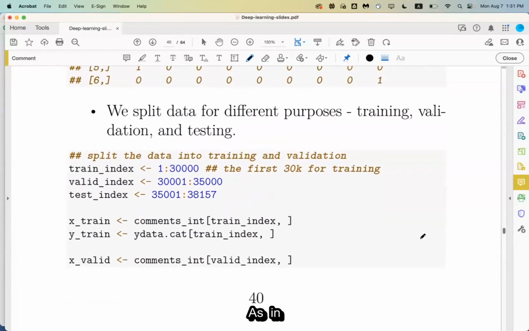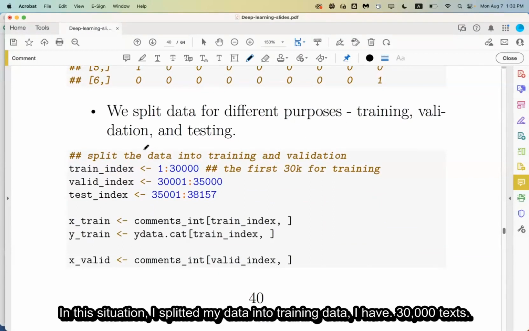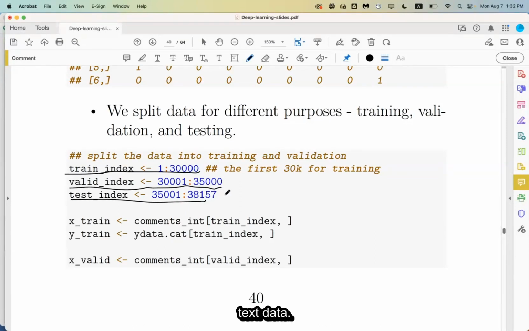As in the previous data analysis, now I also want to split my data into different subsets. In this situation, I split my data into training data. It has 30,000 text. Then I also have a validation data set. It has 5,000 text. And then I have test data, the rest, about 30,000 text data.